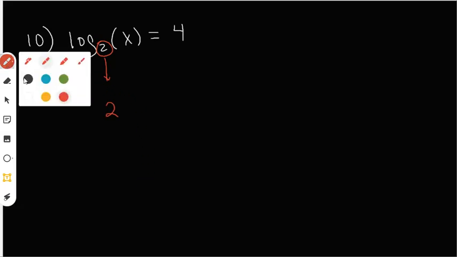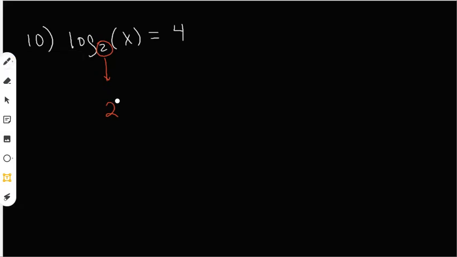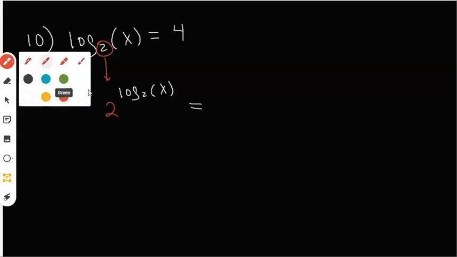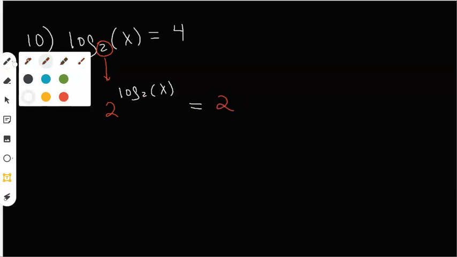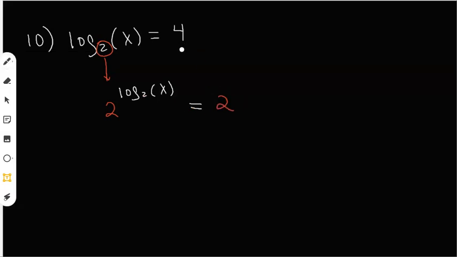So I'm going to get 2 to the what power? Logarithm base 2 of x. And then the other side is going to become the new exponent for the same base, because I'm still going to have base 2, and the exponent is going to be this 4 right here.